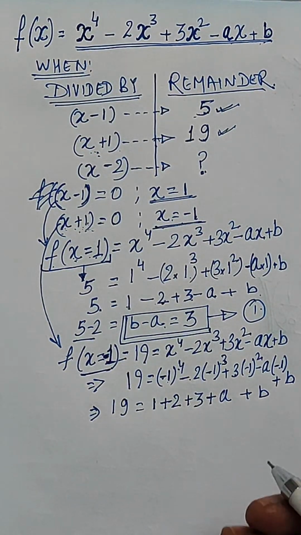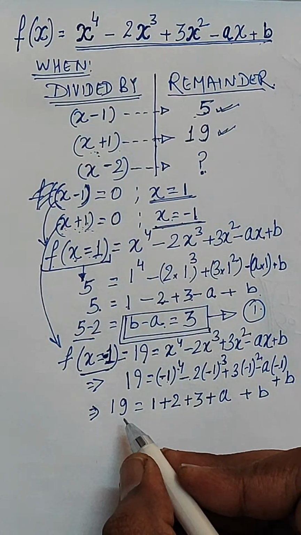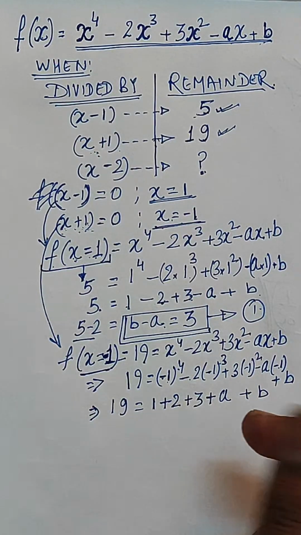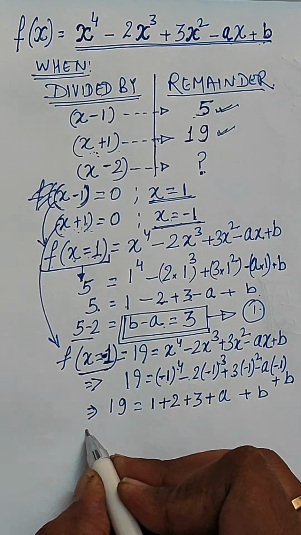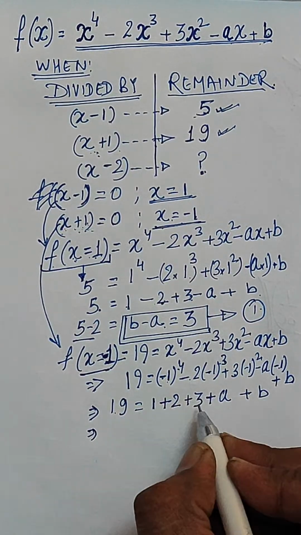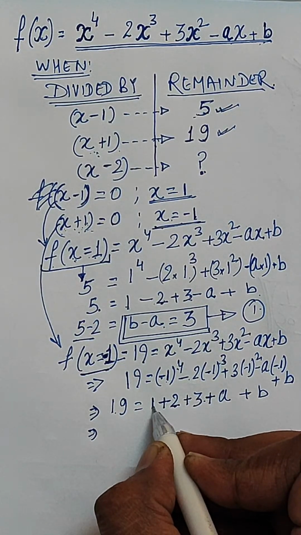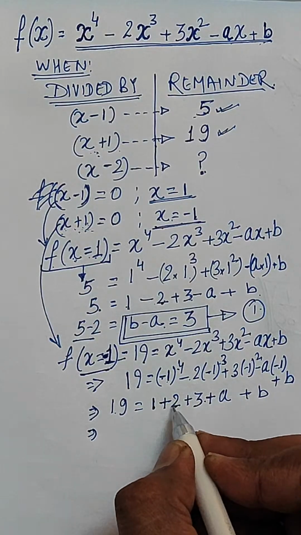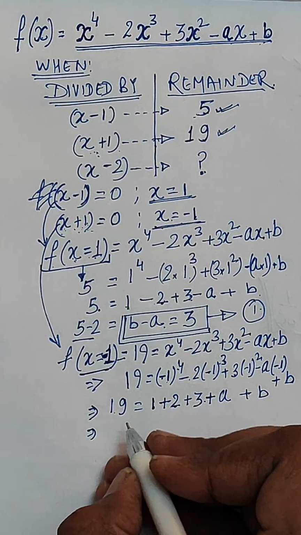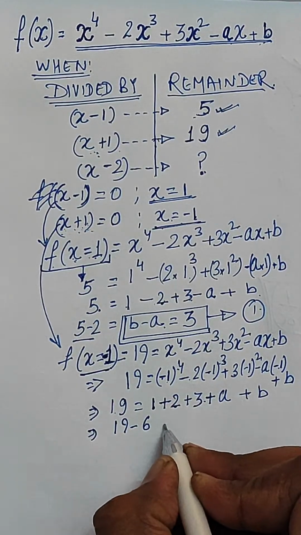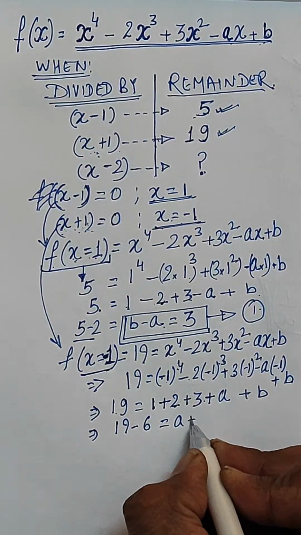Now here you can see we are going to have an equation in the form of a and b, right? So just solve it further. 19, 3 plus 2, 5 plus 1, 6, right? When 6 is subtracted from 19, this will be equal to a plus b.